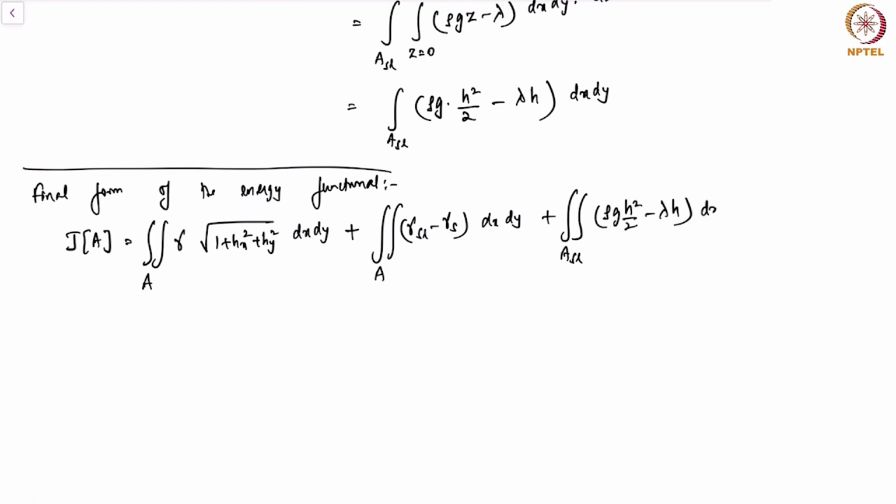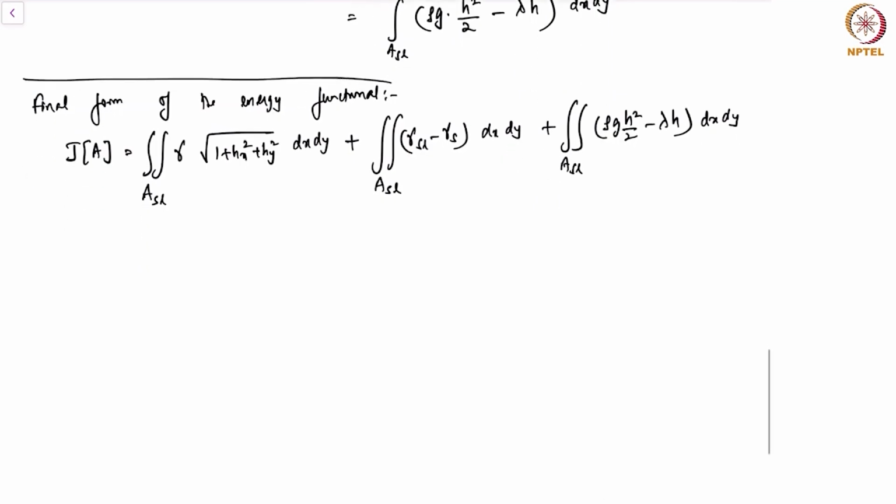Note that in some cases I write a double integral, in some cases I write a single integral. I'm not doing this rigorously, but it's understood that whenever I'm writing dx dy, it's an area integral. So I want to emphasize that all the area integrals are over dx dy, so they are basically over the solid liquid interface.